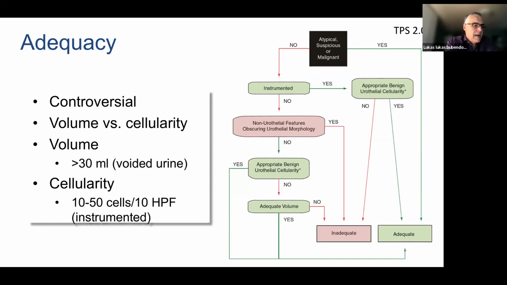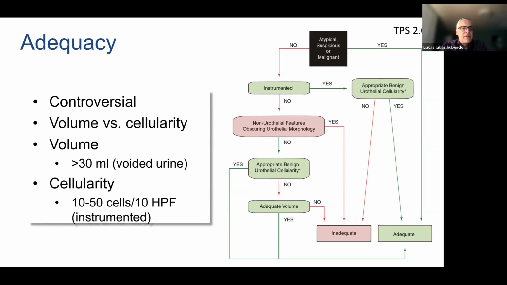Clearly, an area of future research to better define the criteria for adequacy of urinary specimens. So it's always the question of volume versus cellularity. And there is an agreement, based on some literature, that you would need at least 30 milliliters of voided urine in order to have an adequate specimen.